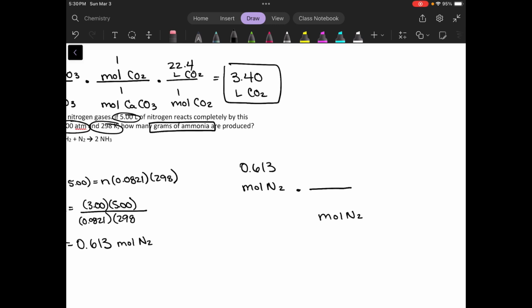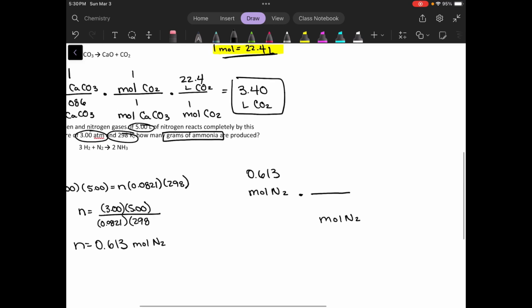So we have moles of N2, we need moles of NH3. So it looks like for our ratio, it's a 1:3 ratio. And then our last one here, mole of NH3 to grams of NH3.